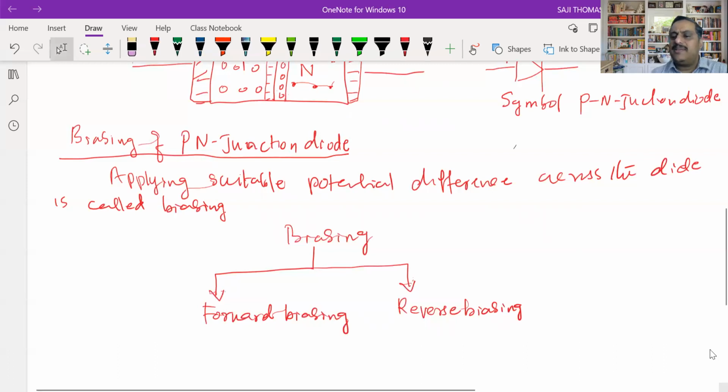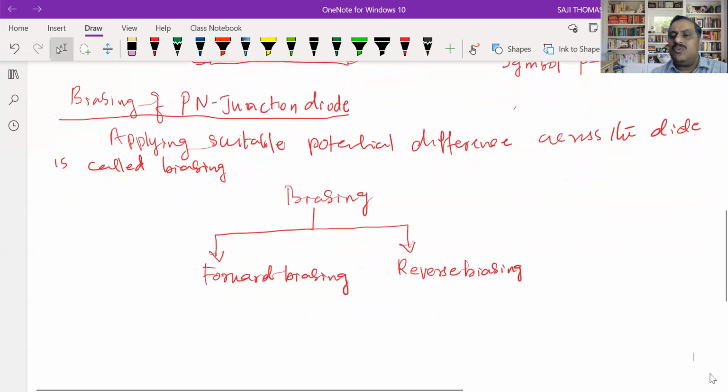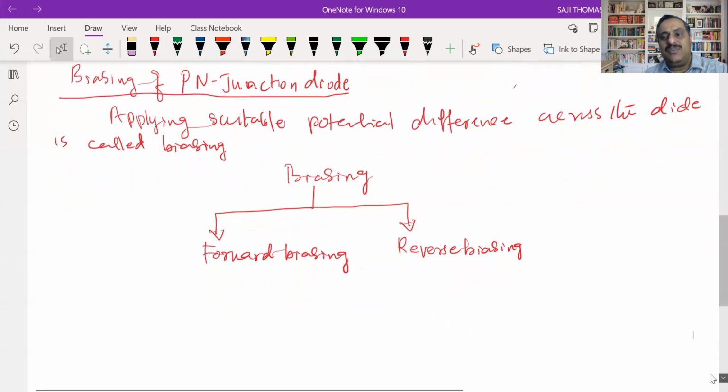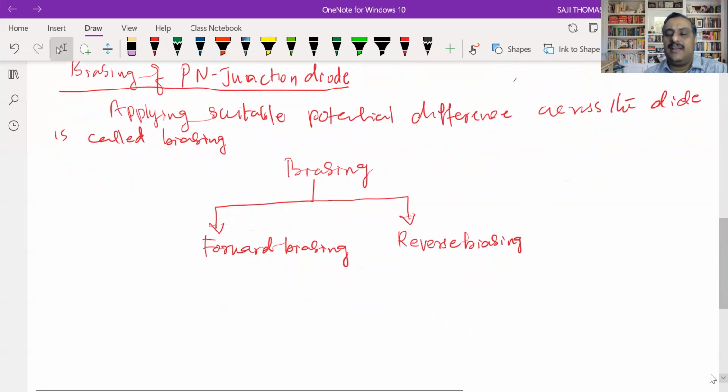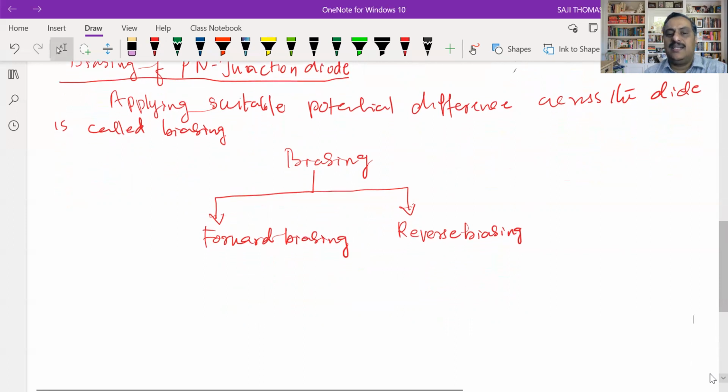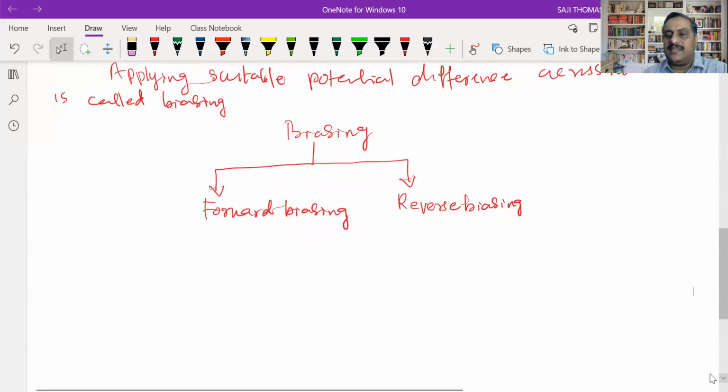Now, what is this forward biasing? In forward biasing, the P section of the diode we connect to the positive terminal of the battery, and N section we connect to the negative terminal of the battery. So we take a battery, connect positive terminal to the P section and negative terminal to the N section. It is called forward biasing. Or we can say the P section must be kept at a higher potential compared to the N section.